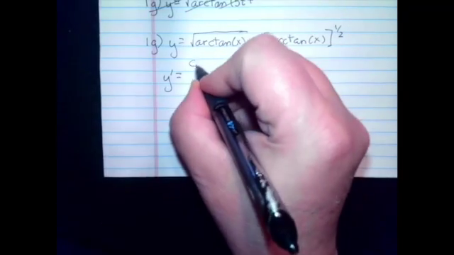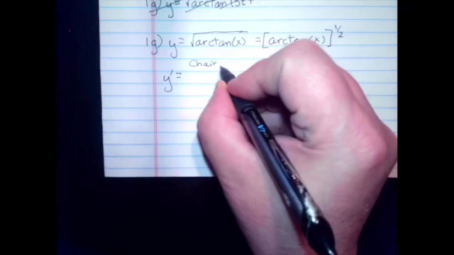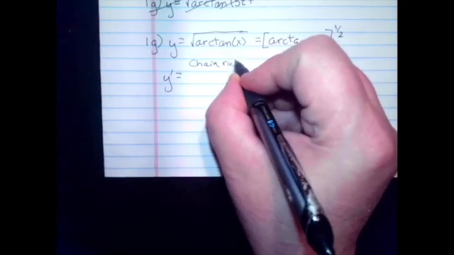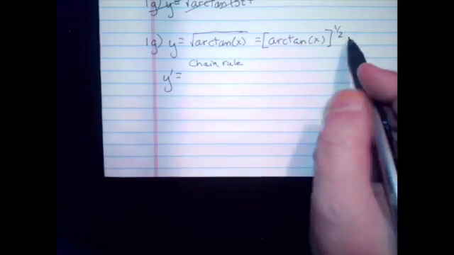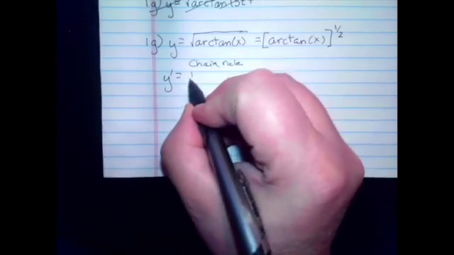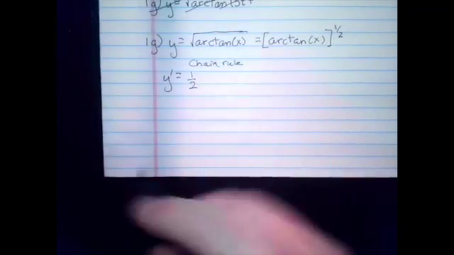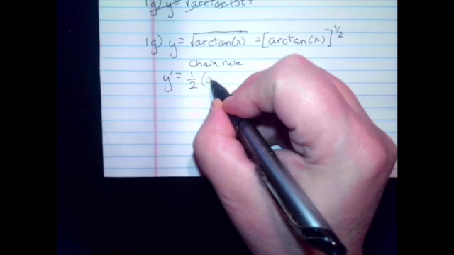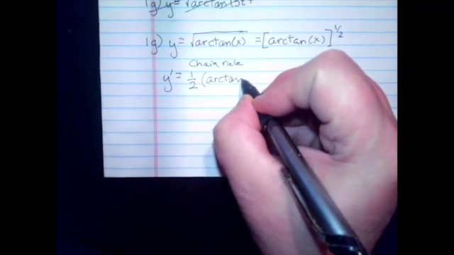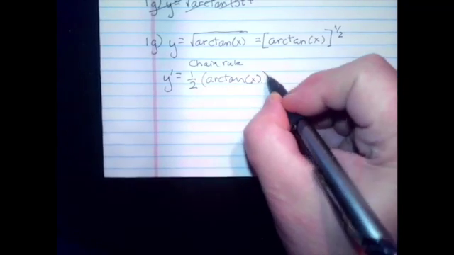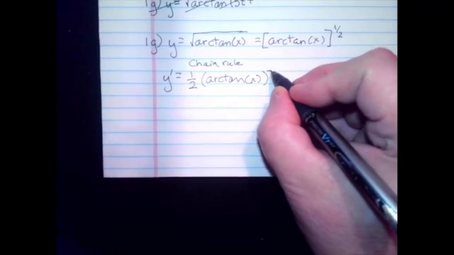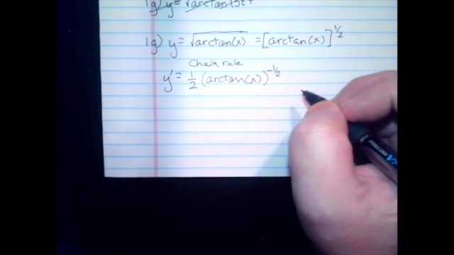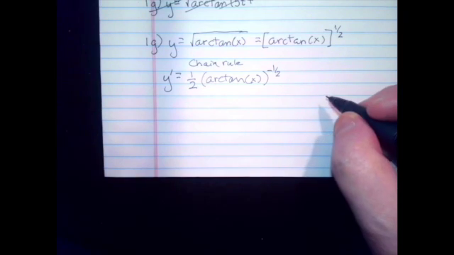So we're going to use the chain rule. We'll have the derivative of the outer function. That'll be 1/2 times the arctangent of x to the negative 1/2 power, because we need to subtract 1 from that power.